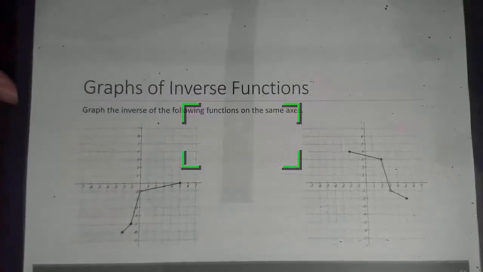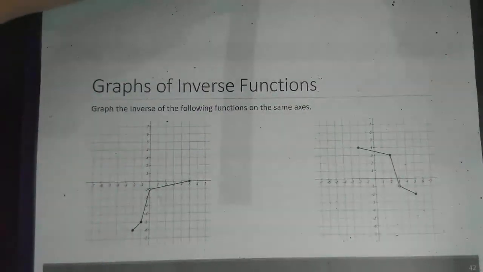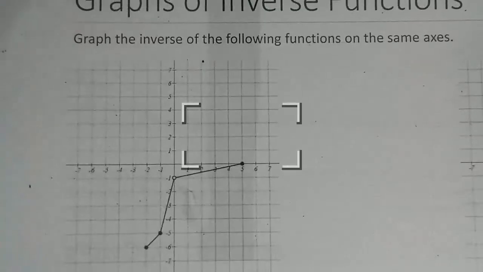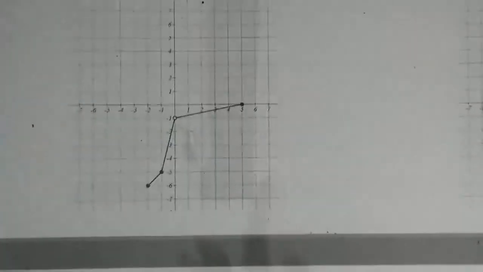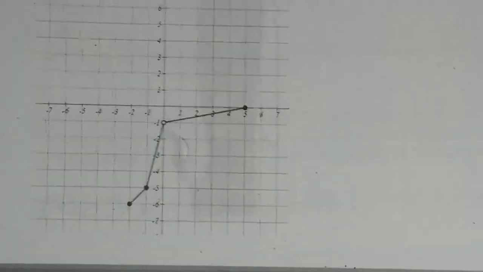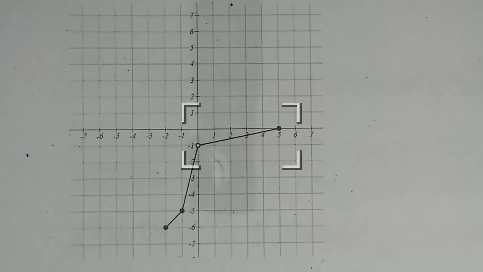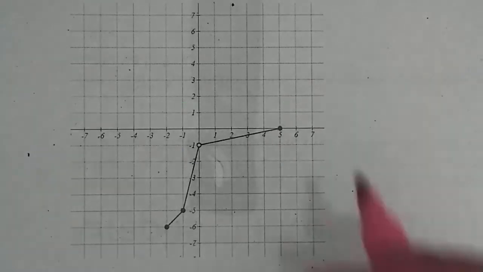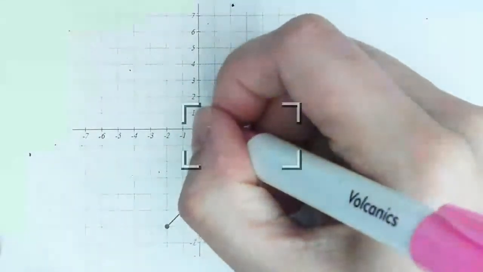Here I have two graphs and I want to graph the inverse. And I'm going to zoom in so we can really see what's going on here. All right, first up, we have this graph and I want to reflect it over the line y equals x.